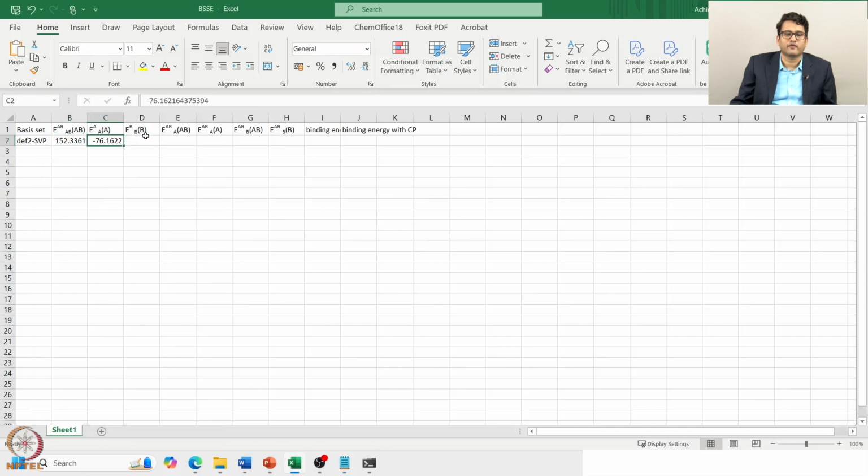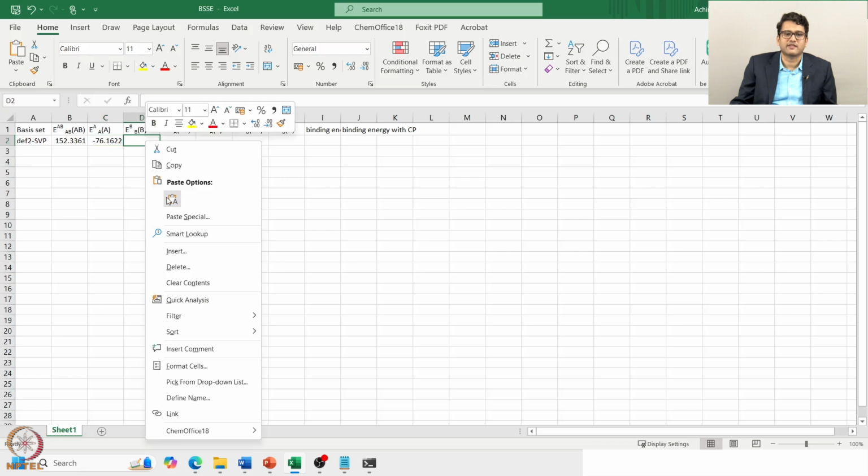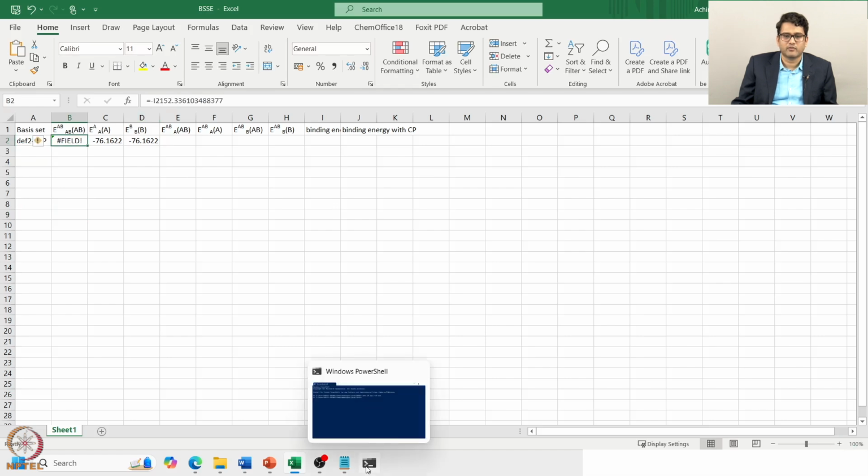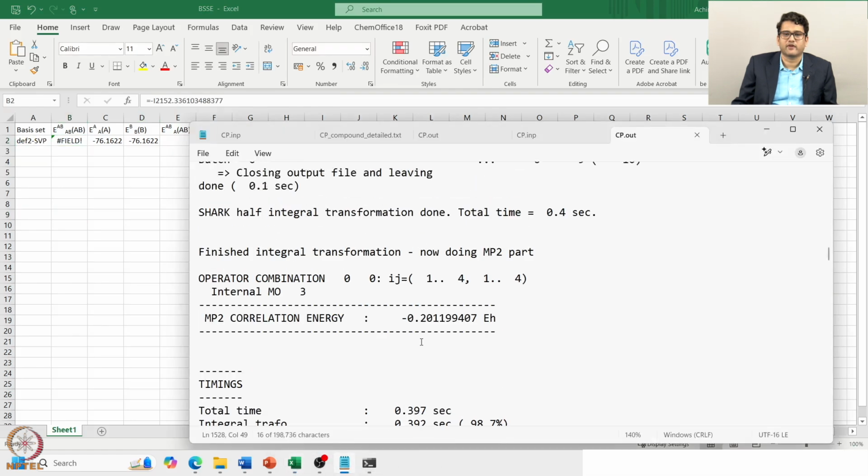So, this is the energy of A, this is the energy of B, because A and B are the same here. So, I can use the same one, and this is what I can calculate as my, oh, I forgot to copy the minus sign, this should be fine. I have made some mistake in this field, no problem, I have it on the top.